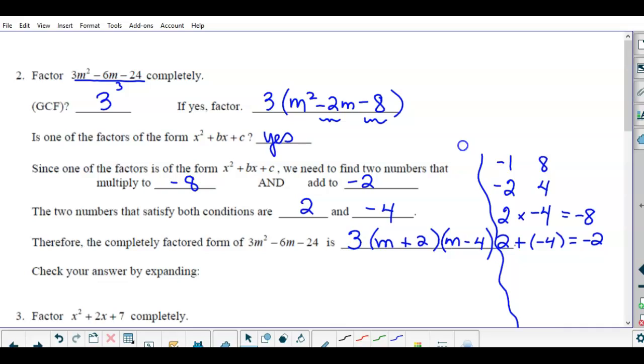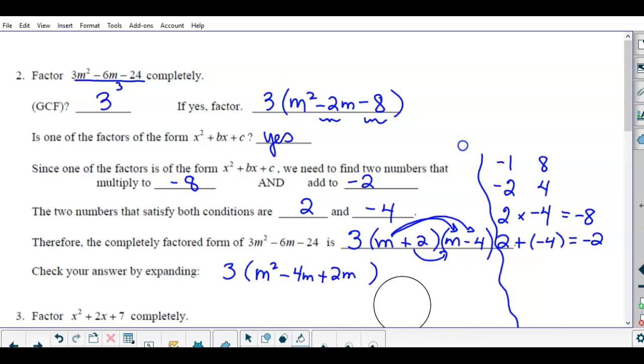Check by expanding. Remember, check by expanding. I leave the 3 out and I do the two binomials together first. So m times m is m squared. m times negative 4 is negative 4m. 2 times m is plus 2m. And then 2 times negative 4 is negative 8.